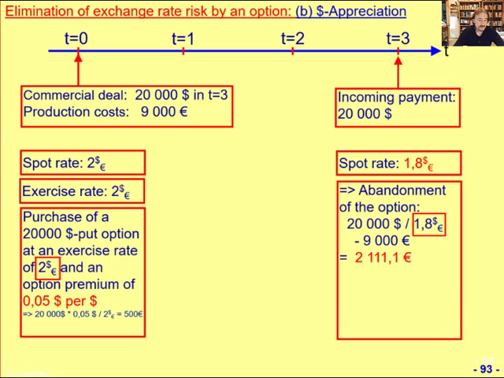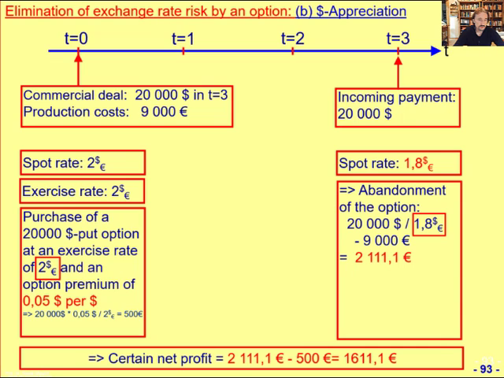As a result, the net profit would equal €2,111 minus the costs for the option of €500, which leaves us with a net profit now of €1,611, which is significantly more than the €500 we could reach if we made use of the option.